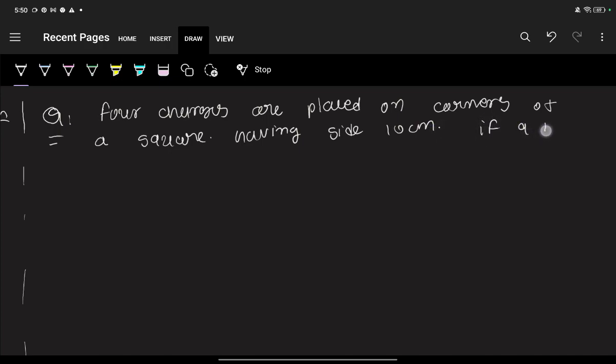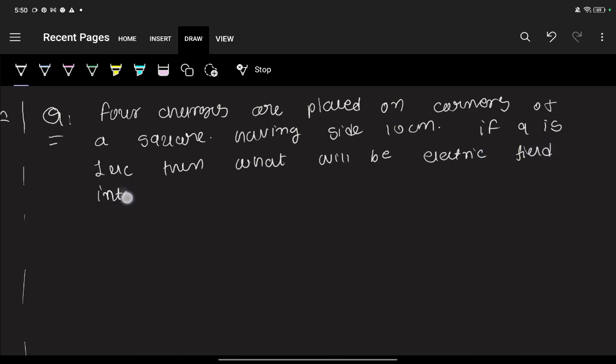If Q is 1 microcoulomb, then what will be the electric field intensity at the center of the square?